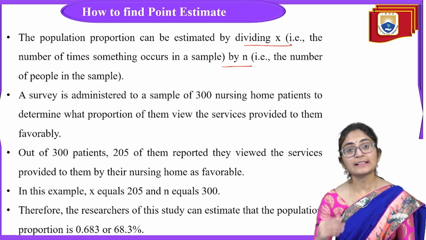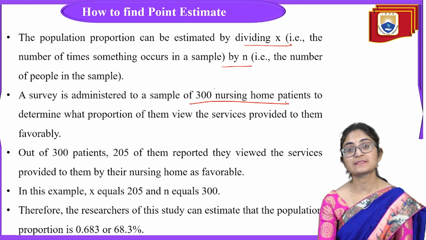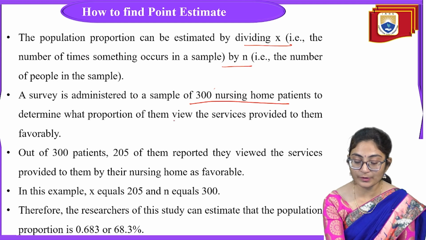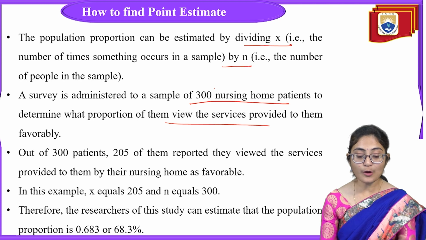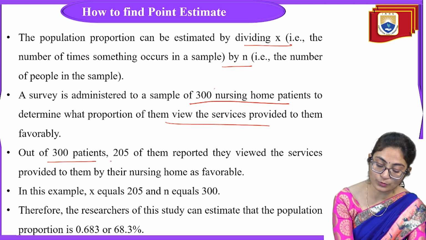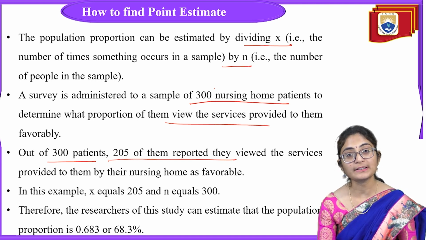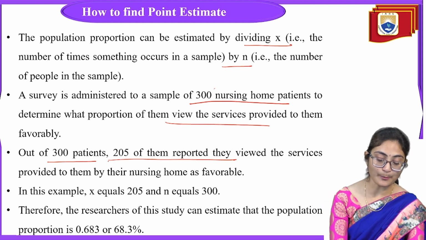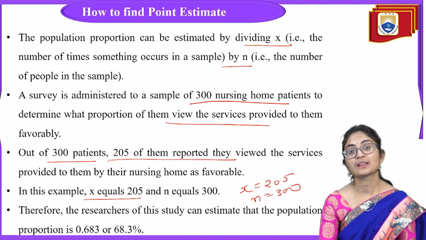Then a survey is administered to a sample of 300 nursing home patients to determine what proportion of them view the resources provided to them favorably. Out of 300 patients, 205 reported they viewed the services provided by their nursing home as favorable. In this example, x equals 205 and n equals 300.